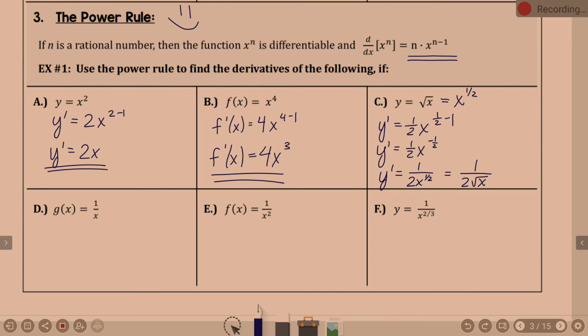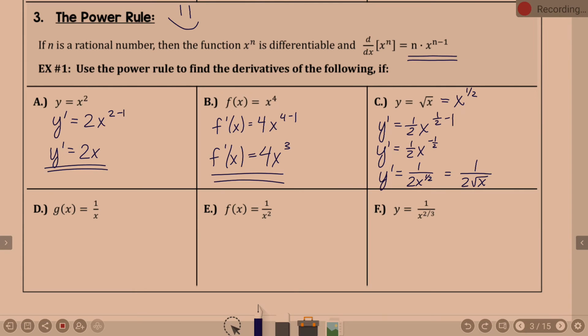Those are equivalent notations. Okay? Maybe? It'll take practice.